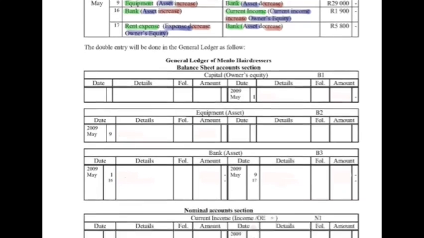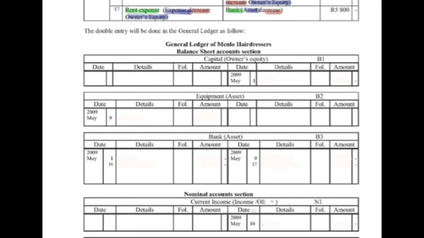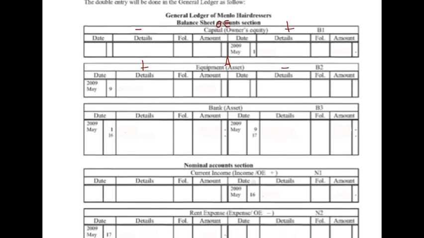So when I go to capital, you can always go and make notes for yourself, which is always nice. If I consider all of my accounts just very quickly, capital is an owner's equity, which increases and decreases. Equipment is an asset that increases and decreases.